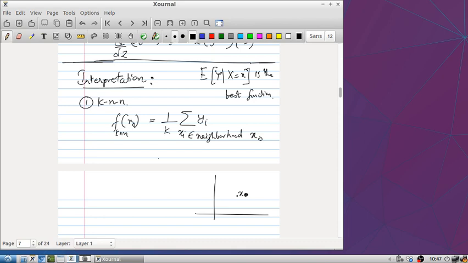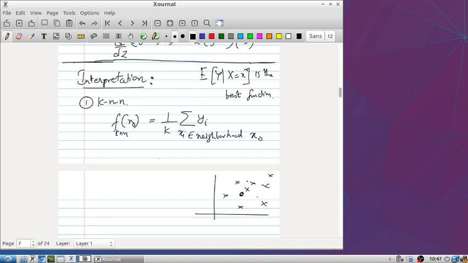Somebody asked you what's the prediction for this point. You had your data set, with some x's all over the place. Let's say this is x naught, the circular one, and k is 3. Then you just look at the 3 closest x's. Let me make it further away.